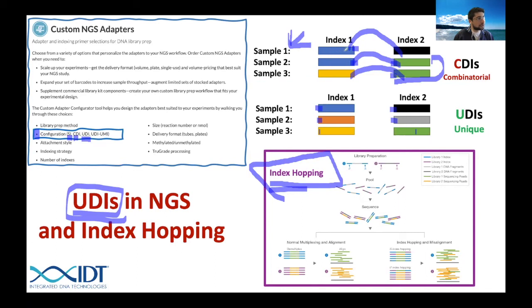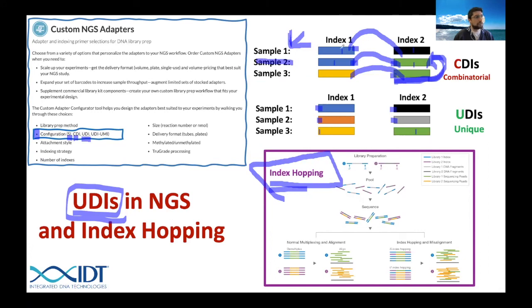So if one fragment was coming from sample 1, with index blue and black, and then the adapters from sample 3, the green one, are incorporated into sample 1, it gets swapped into sample 2, because the green is substituting the black, and so now we have blue and green, which is a combination of sample 2 and not sample 1 anymore.